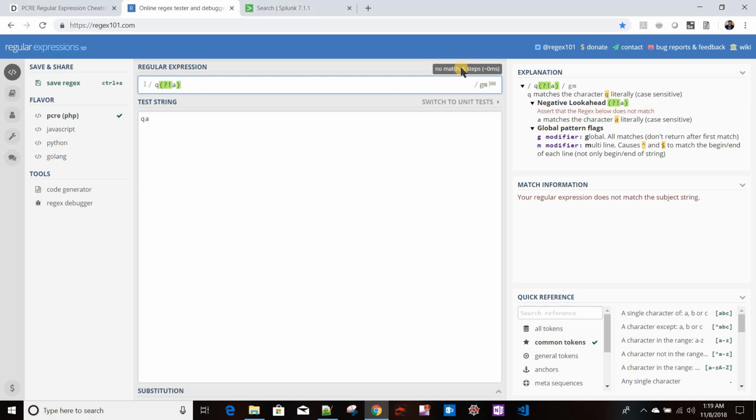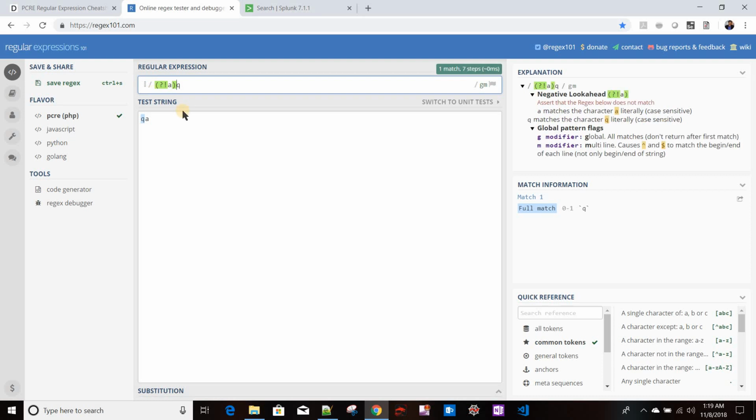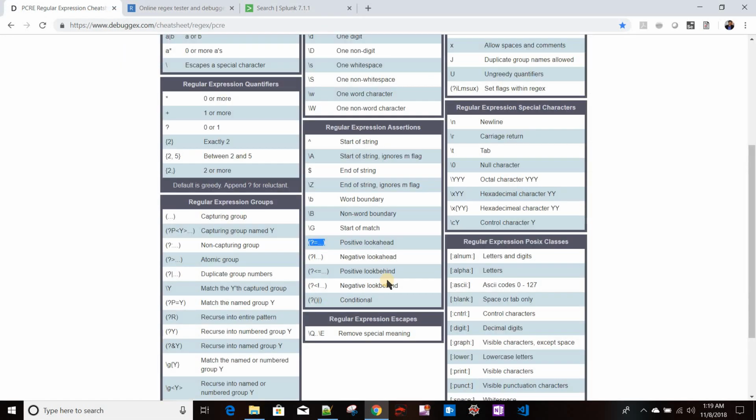Now lookbehind: here you are basically looking behind, so in that case this expression will be on the left side. Here I am checking whether A is present before Q or not.